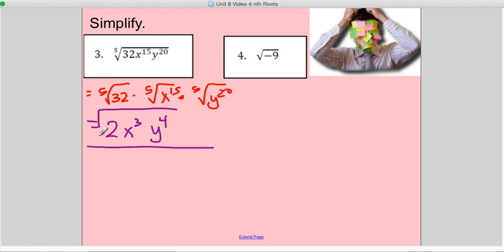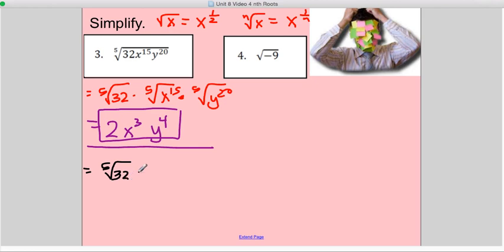Once again, different way to think about it. Okay, let's break it down. The 5th root, okay, if I have the square root of x, remember that's really just x to the 1/2. If I have the nth root of x, it's really equal to x to the 1/n. So this one's a 5th root. So if I re-break this down, I'm going to have the 5th root of 32 times, it's really x to the 15th to the 1/5 times y to the 20th to the 1/5.